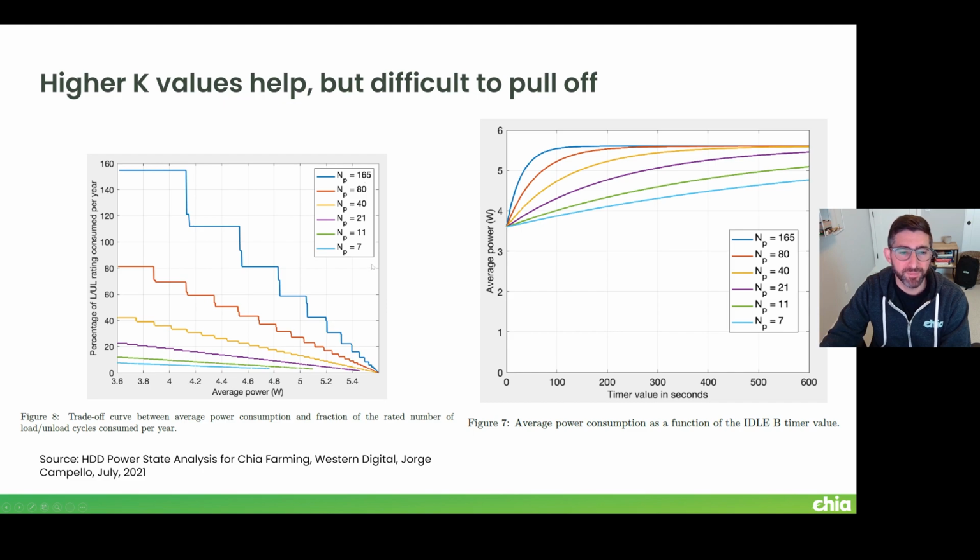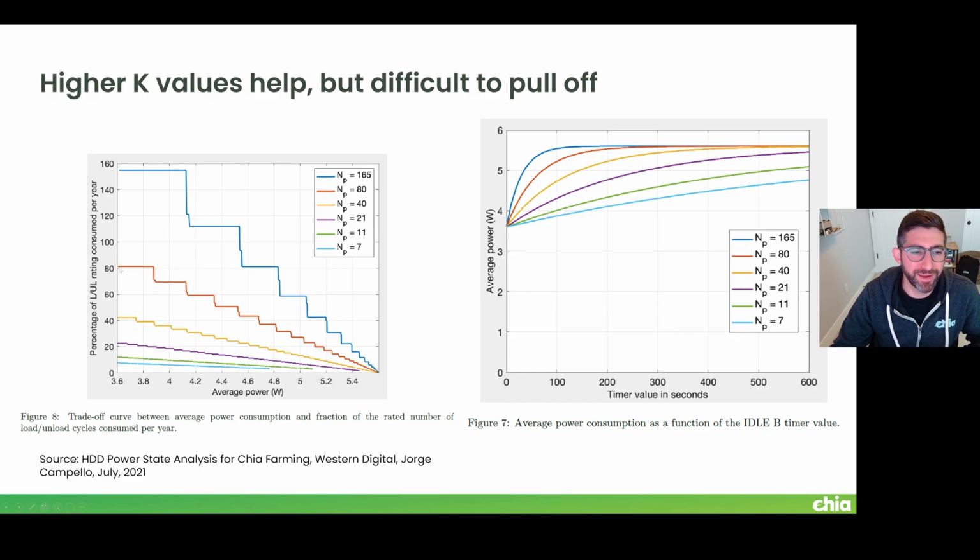Okay, so you can see as we get a higher K value, even on K equals 33, the chart shows percentage of load unload rated cycles consumed per year over the 5 years. If you set the idle timer to the default, or set it so the drive spends a lot of time in idle B, this 3.6 watt means a very aggressive idle B timer, and the drive will spend the majority of time with the heads unloaded rather than loaded.